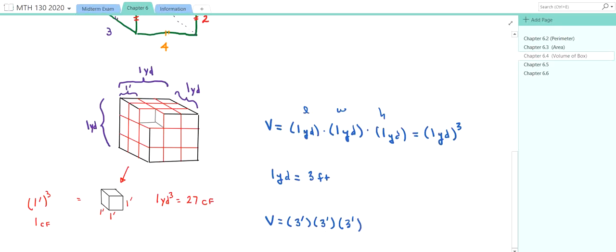So you can see that length times width times height is the same thing as 3 cubed times the foot cubed, because the feet also have to be cubed, equals 9 times 3 is 27 cubic feet.